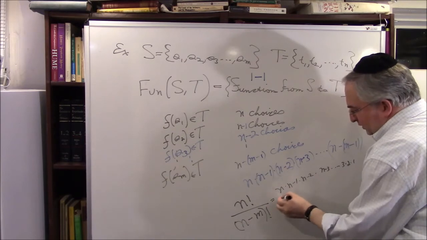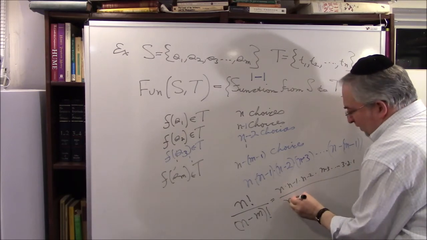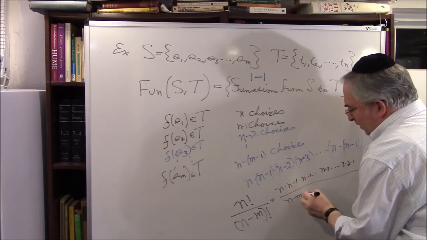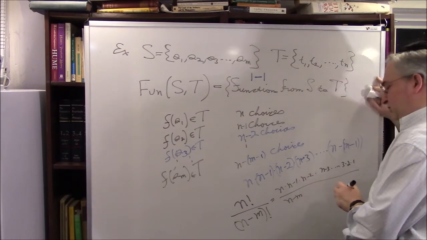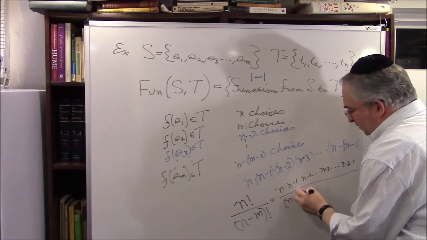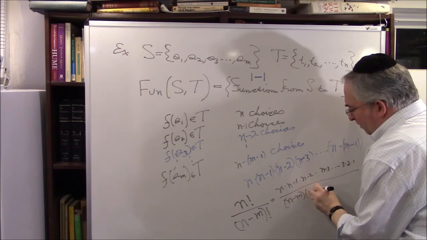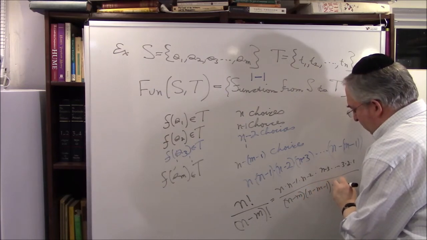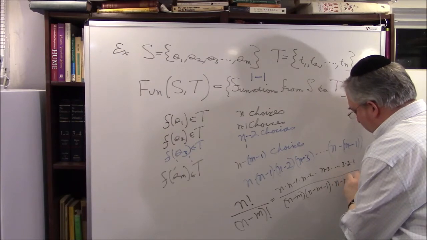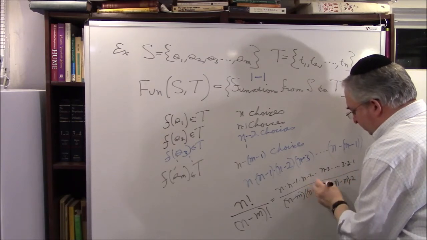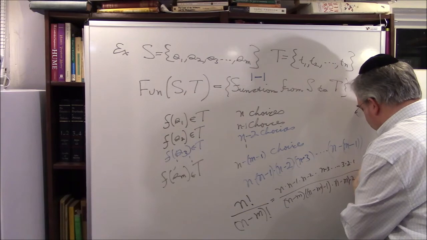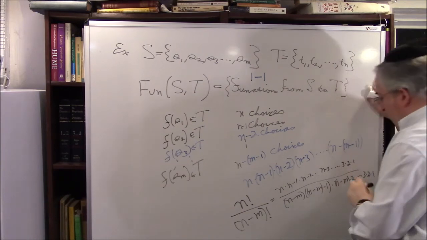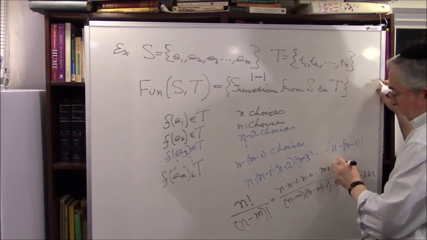And this is divided by n minus m times n minus m minus 1 times n minus m minus 2, all the way down to 3 times 2 times 1.